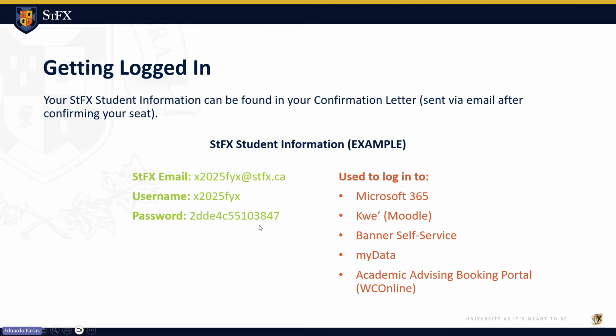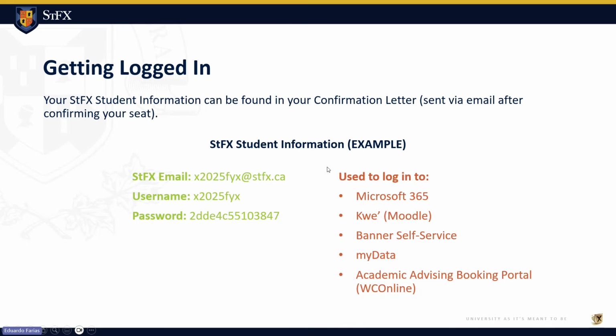So you'll be granted a password here, and this is very important information. If you haven't logged into your student portal, which we'll walk through very briefly, it's good for you to start getting into it.